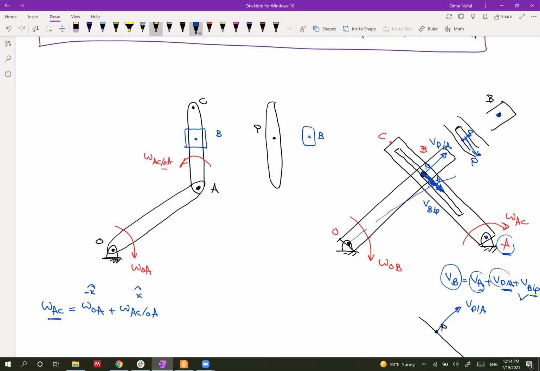Okay, so we construct our equation based on point A. So we have point A here. Let's make it black. As B and A are the same body, we will look at point A.